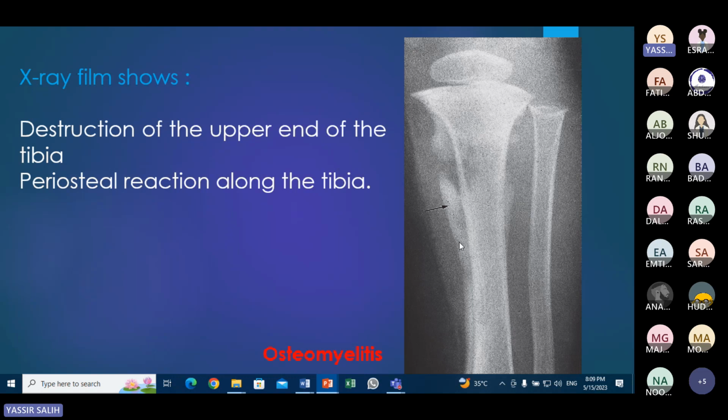Is the density or opacity here normal? No. Periosteal reaction. This is a periosteal reaction. In a lytic lesion, with destruction of the bone in this area and periosteal reaction, in a patient with a history of open fracture, what is the most likely diagnosis?